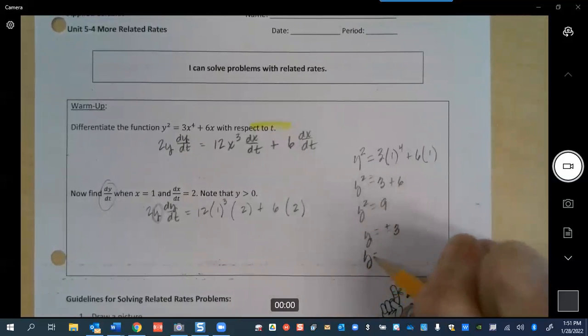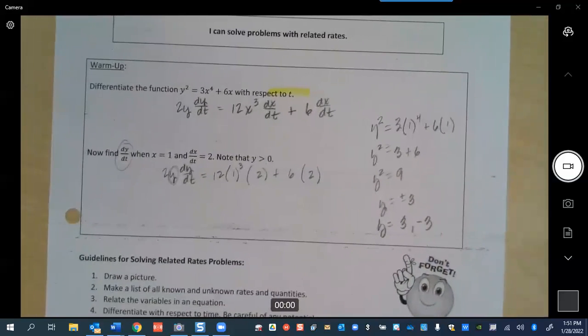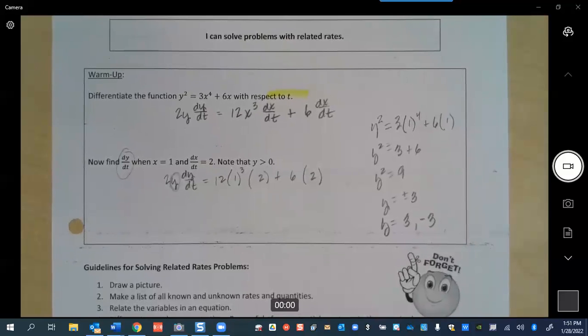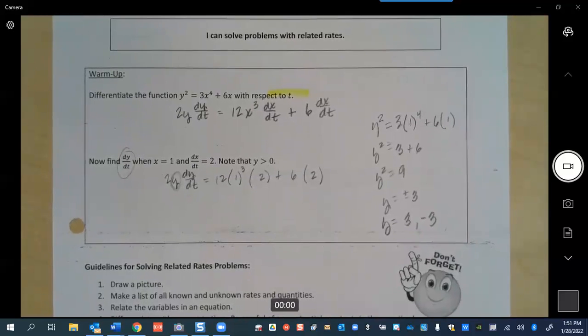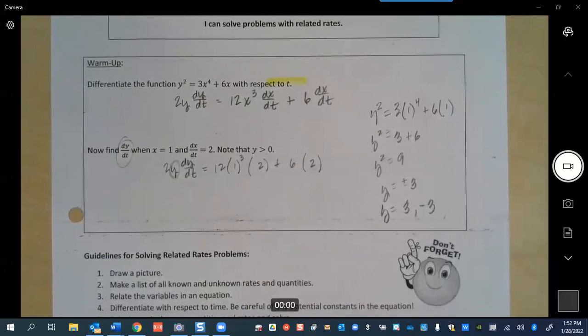So if I have y is equal to positive 3 and negative 3, this is where you need to be a thinker. Because if you get a negative value for something like time or speed, you're not using it. Or distance. If you get a negative value for something like velocity or acceleration, then you can use it.